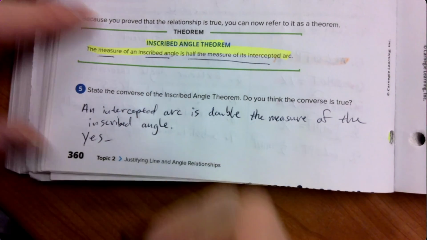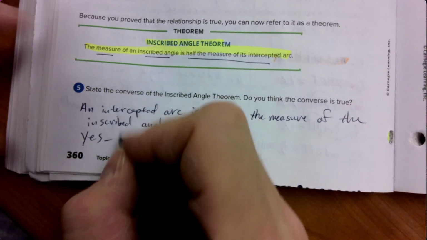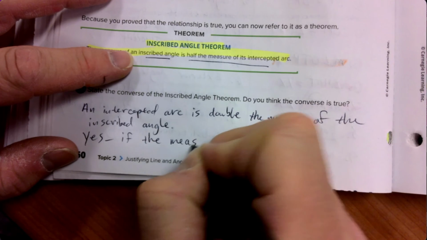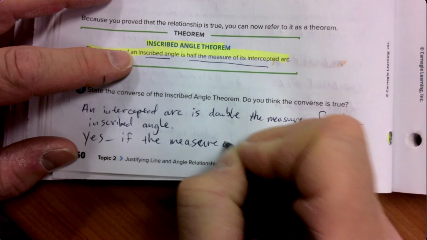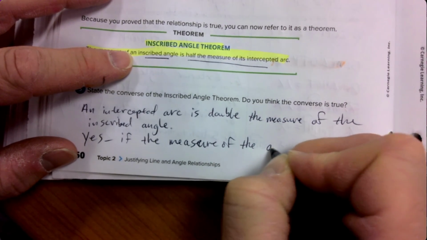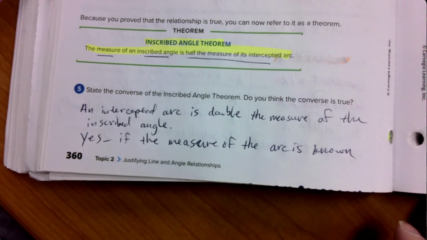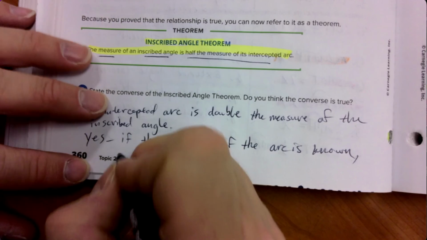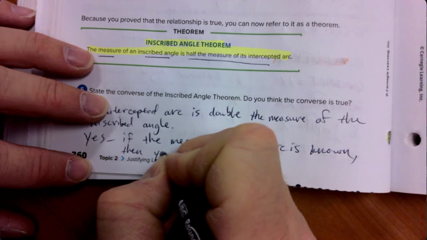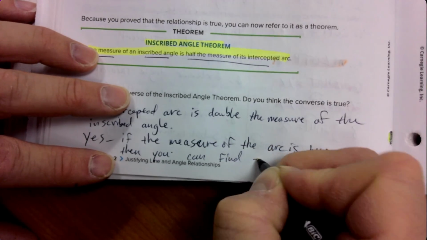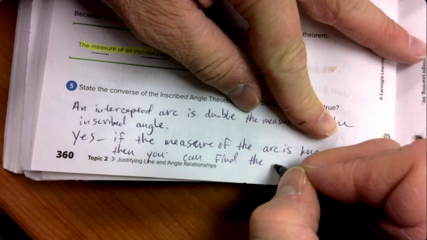Yes. Okay, because if you know the measure of the arc, then you know the measure of the inscribed angle. If the measure of the arc is known, then you can find the measure of the inscribed angle.